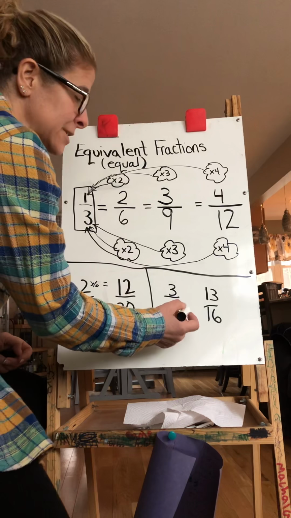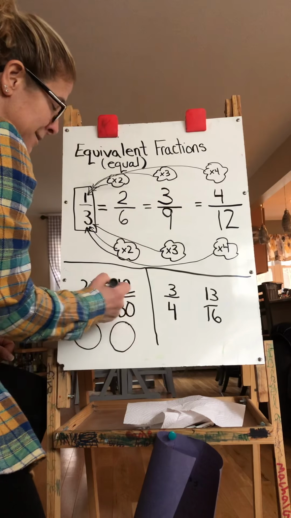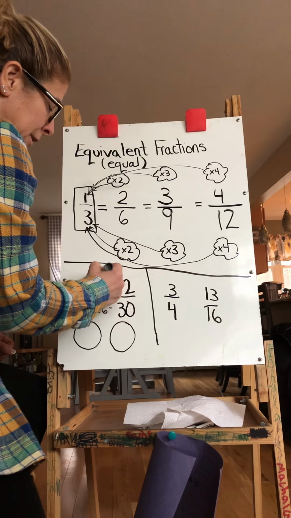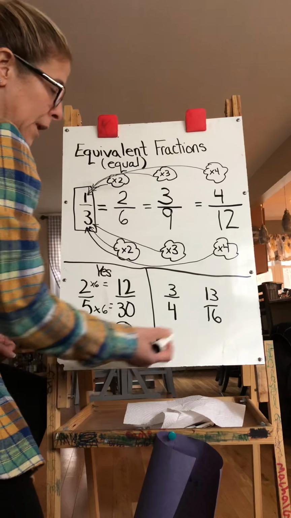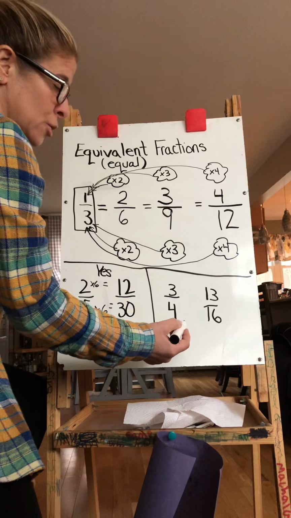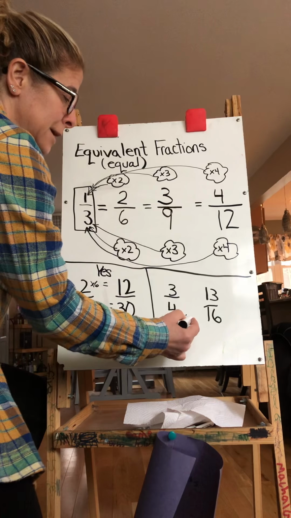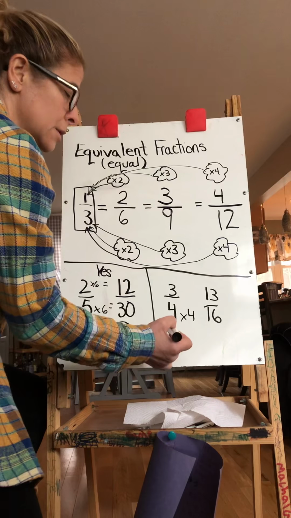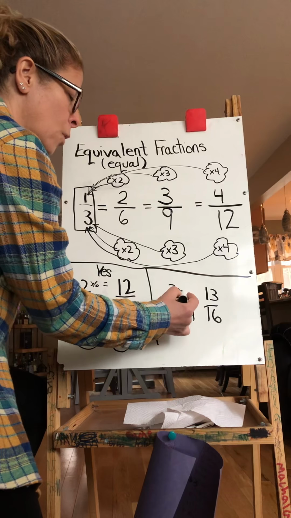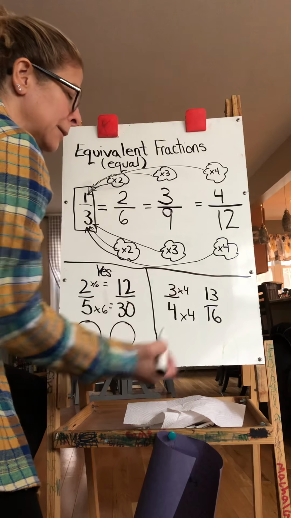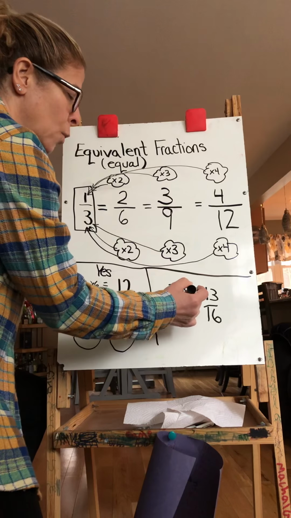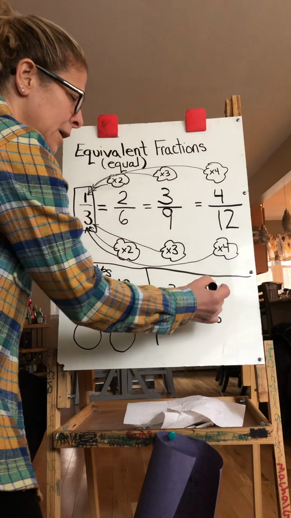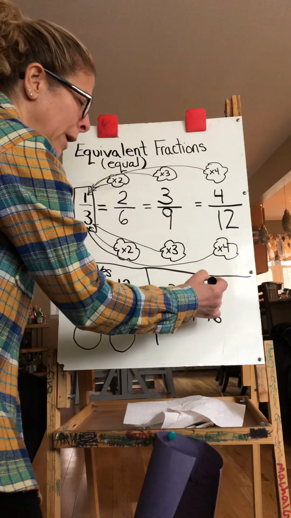We could come over here and see if these are equivalent. So yes, these are equal. We're going to use the same structure we have used. 4 times what equals 16? 4. 3 times 4, whatever you do to the bottom, you do to the top. 3 times 4 equals, no, it equals 12.